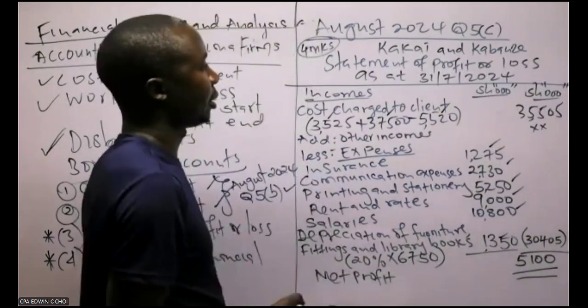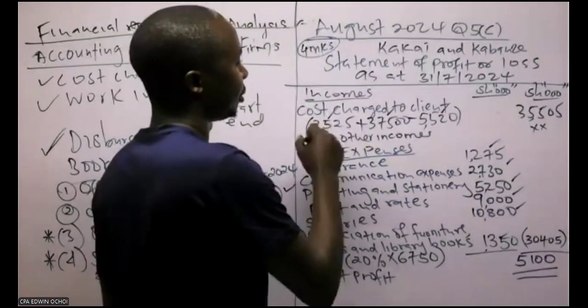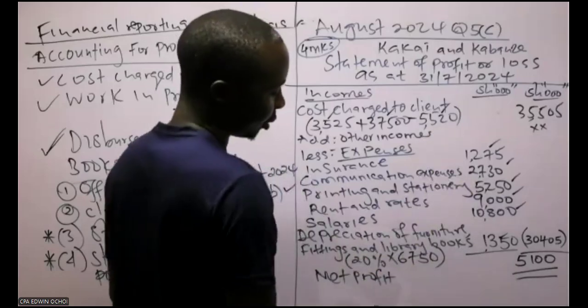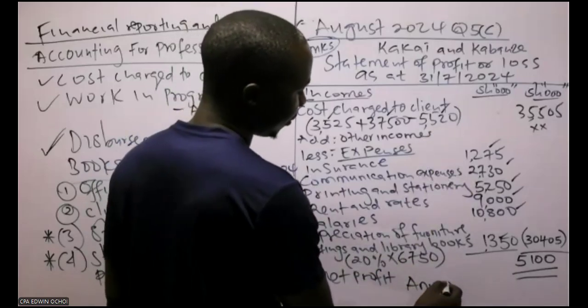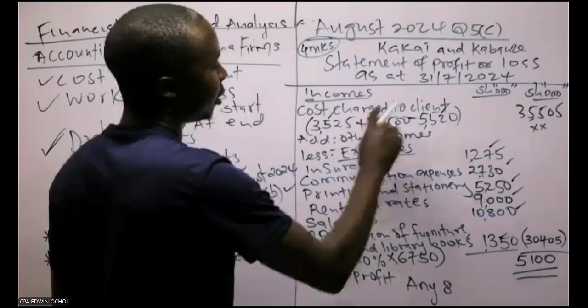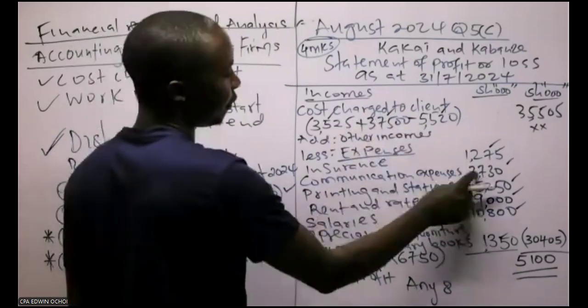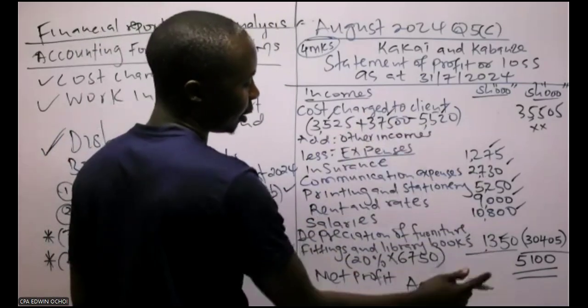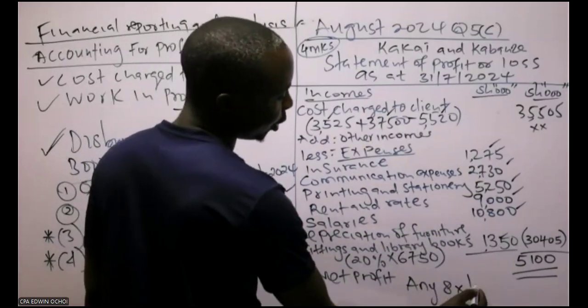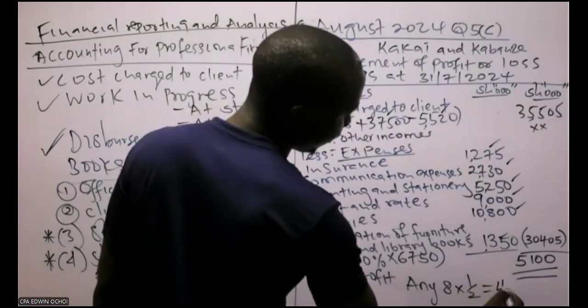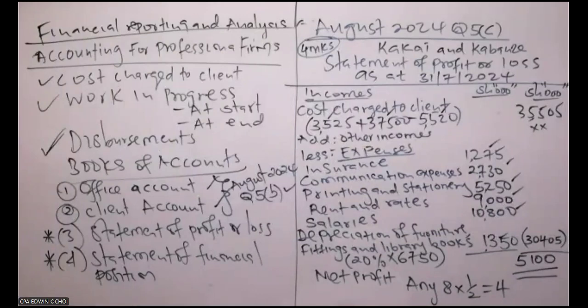So we have 9 entries. They needed any 8 out of the 9, multiplied by half. You get your 4 marks.